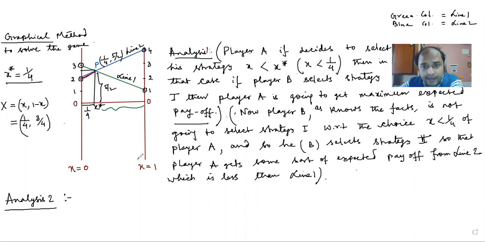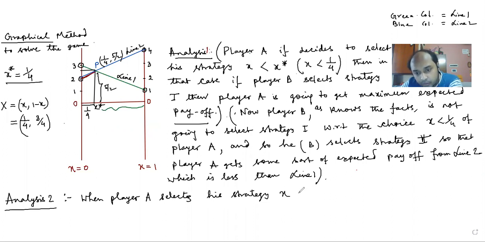My next analysis is when player A selects his strategy x, which is greater than 1 by 4. The question is, what will happen then?